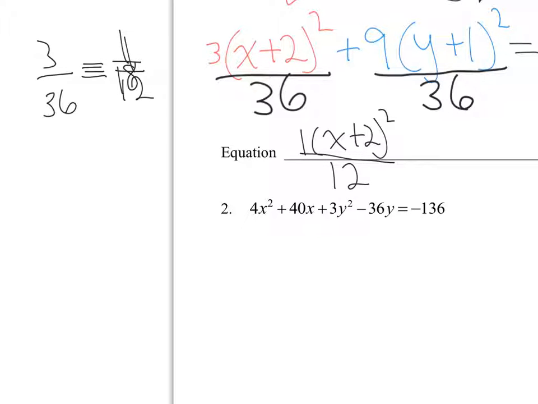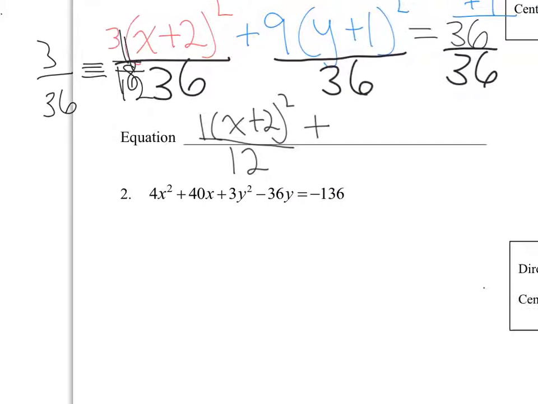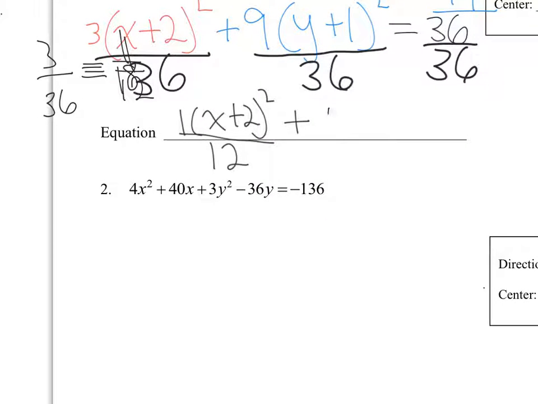And then what would 9 over 36 reduce to? Well, this would reduce to 1/4. So this would give us 1 times y plus 1 squared all over 4 equal to 1.